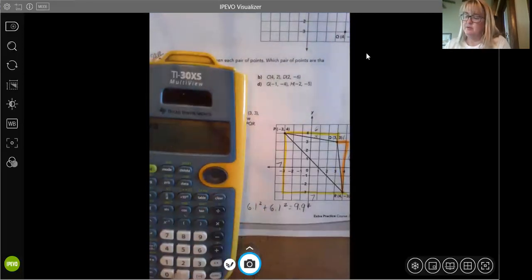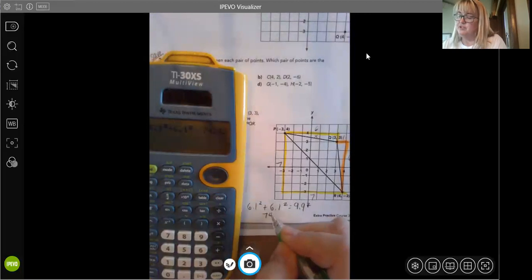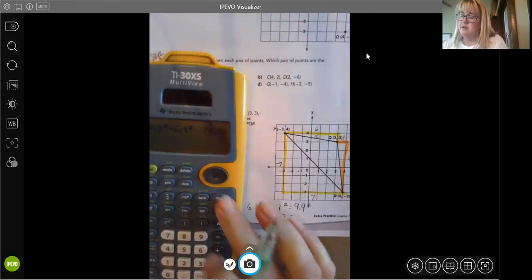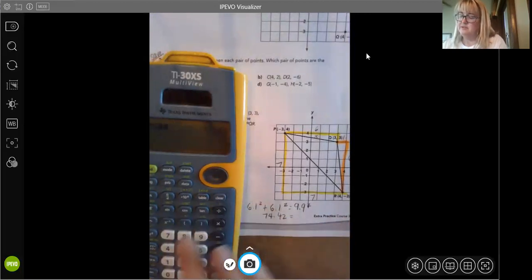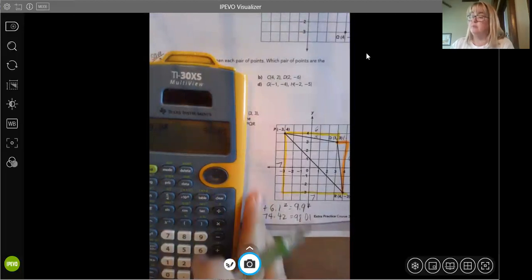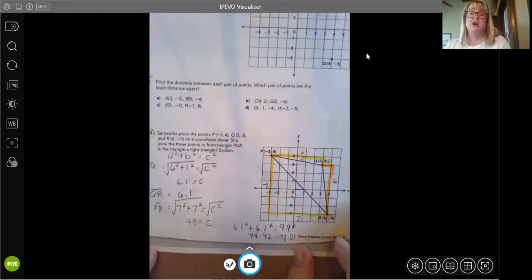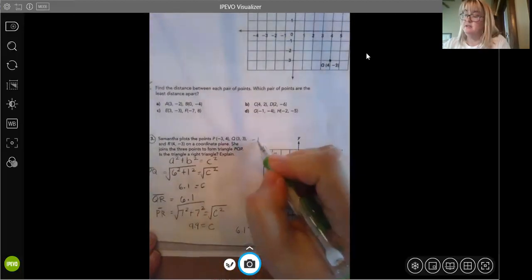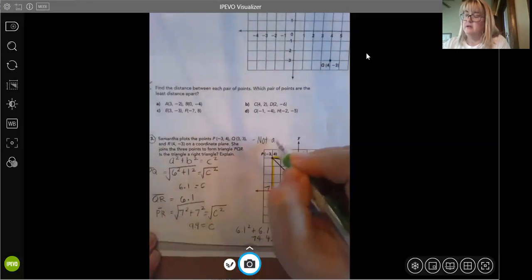So 6.1 squared plus 6.1 squared equals 74.42. And 9.9 squared equals 98.01. You can see that these are not equal, so it is not a right triangle.